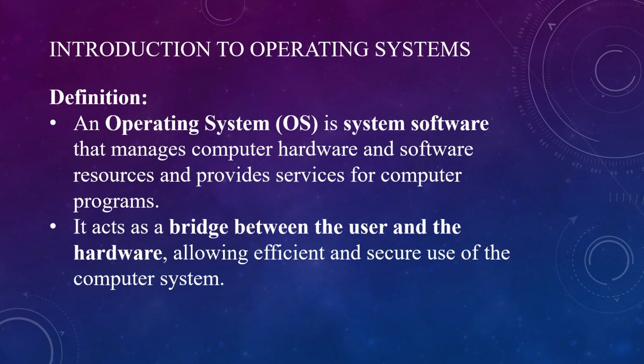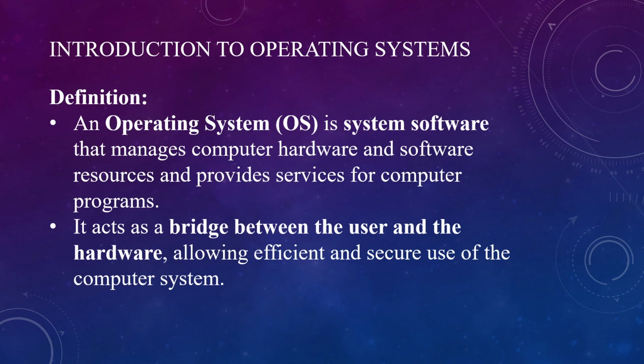Its main role is to manage the computer hardware and software resources, and also to provide services for computer programs. Think of the operating system as the backbone of any computer system. It ensures that everything runs smoothly by coordinating between different hardware components like the CPU, memory, and storage, and the software applications that we use every day.